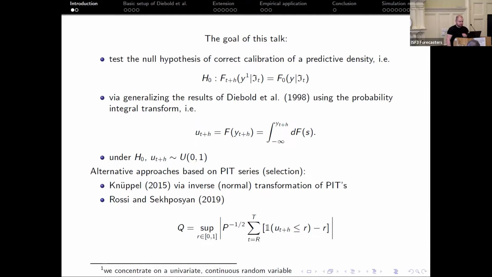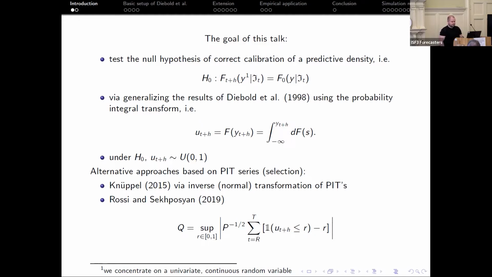We simply use the value of the CDF of the realized value. And under the null, the PIT series should be uniformly distributed, and that's what we're going to exploit here.